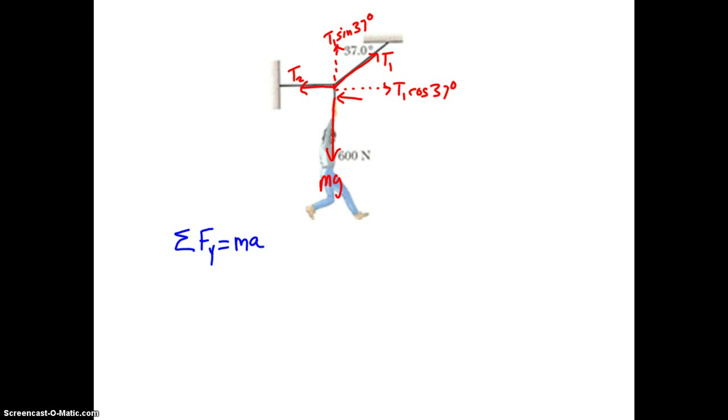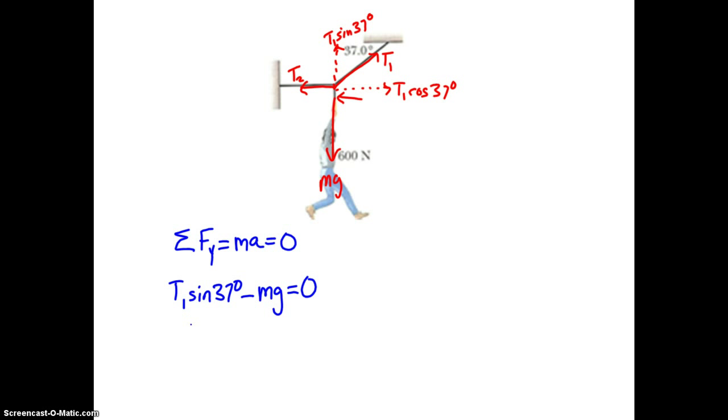And of course, the cat burglar is not accelerating, so the summation of forces vertically is 0. The summation would be T1 sine 37 minus mg equals 0. And it doesn't matter which direction you pick as positive here, as long as you're consistent in your summation with those forces.